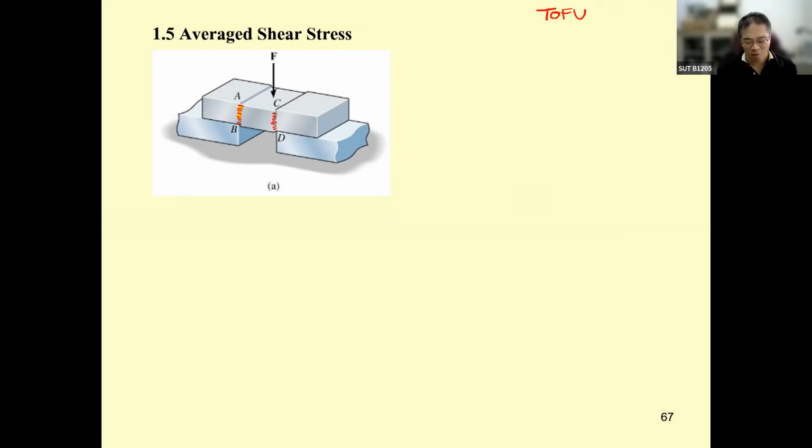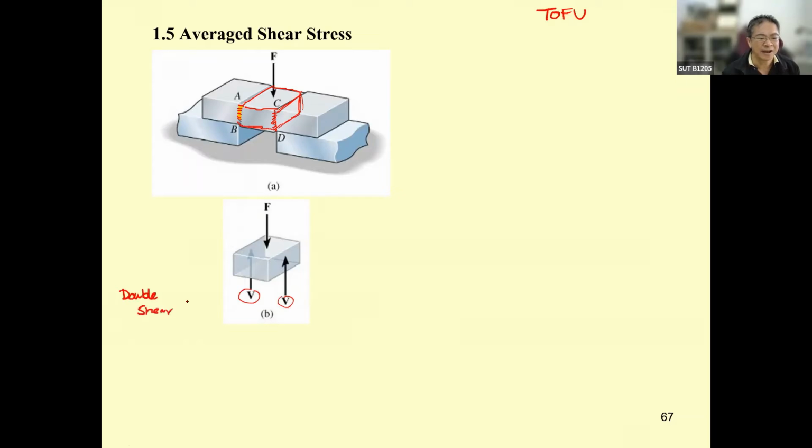We're going to consider only this portion. You cut this portion and draw its free body diagram. The surfaces on the left and on the right will produce the shear force, so we call this the double shear.